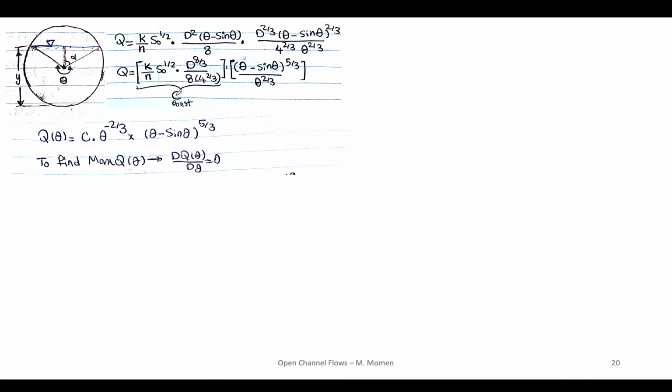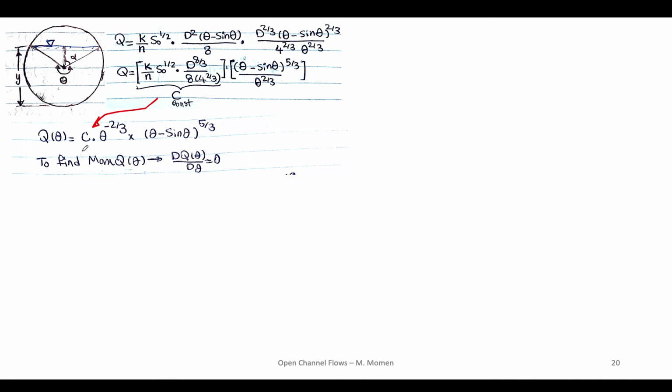So I just write them as C and show it here. Then I have theta to power minus 2/3 times theta minus sine theta to power 5/3, right? So this is just this formula that we had, and I wrote Q or flow rate as a function of theta. Okay.